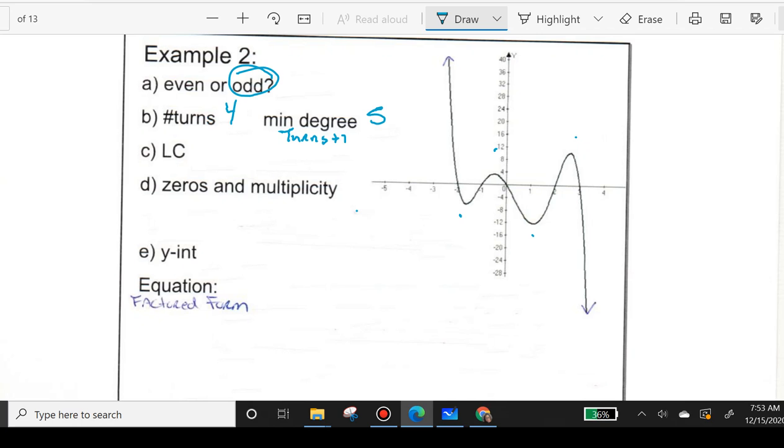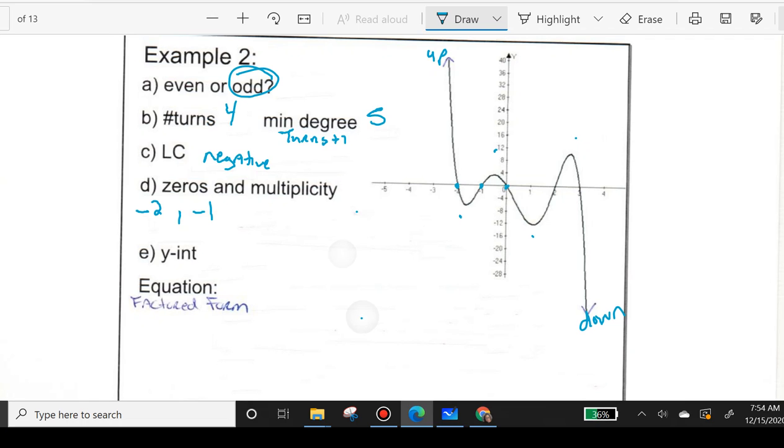Our leading coefficient this time is going to be negative. And how do we know that? It's because it's starting up and then down for our end behavior. So for it to be down on the positive side, that means that it had to be a negative coefficient of the leading term. The zeros here are -2, -1.